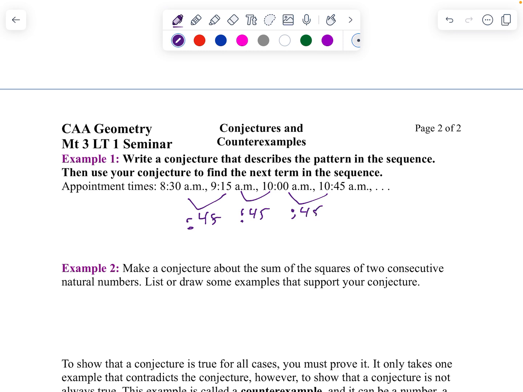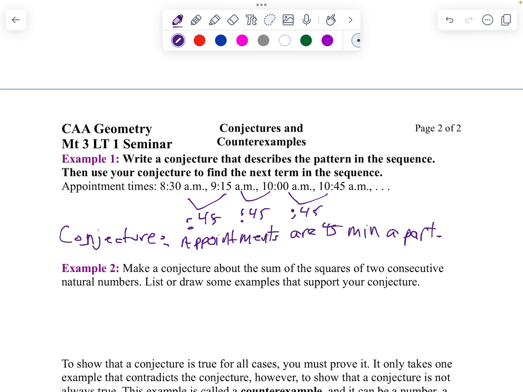So my conjecture is going to be that the appointments are 45 minutes apart. So what comes after 10:45? Well, my next appointment would be 11:30 then, wouldn't it?